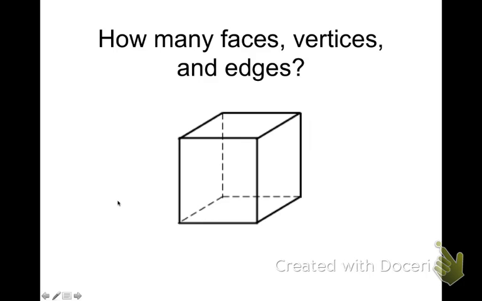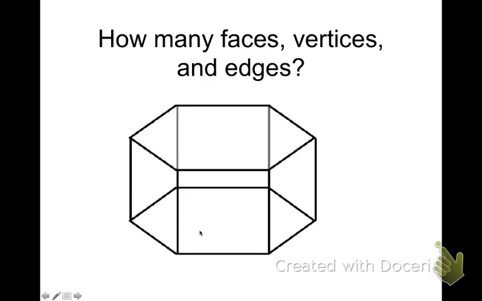How many faces? 6. How many vertices? 8. How many edges? It'd be 12, right? So you've got 1, 2, 3, 4, 5, 6, 7, 8, and then 9, 10, 11, 12.